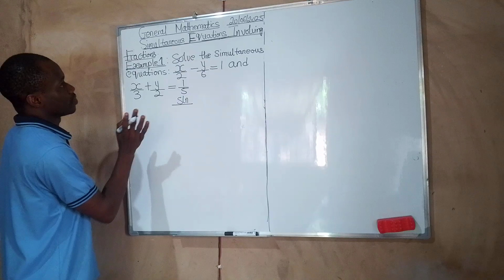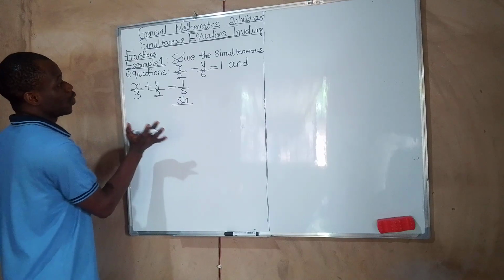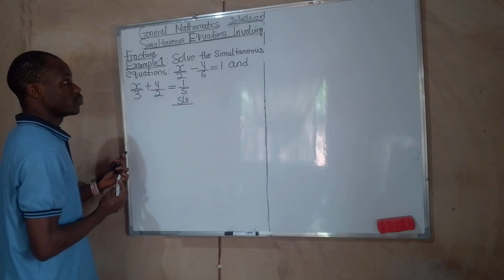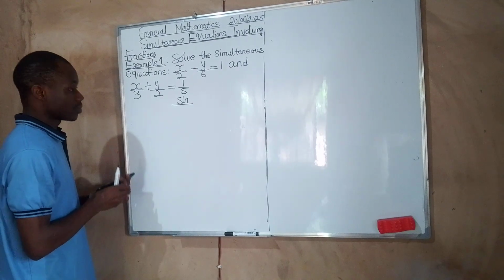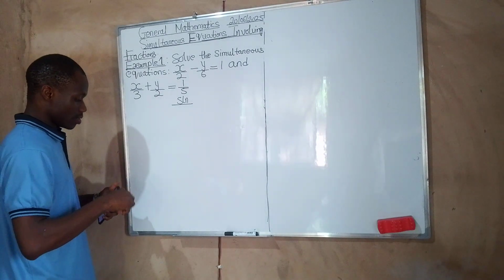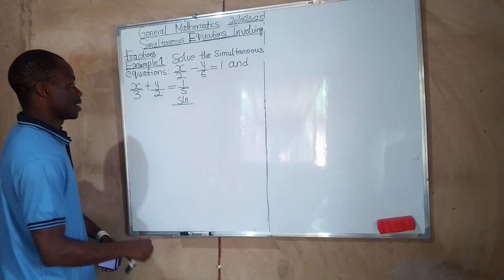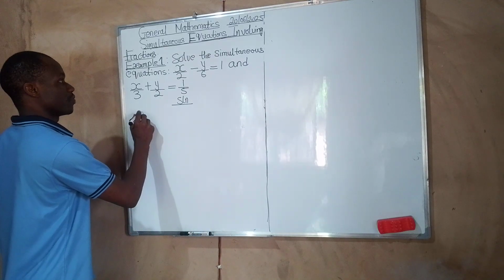This is a kind of simultaneous equation involving unknown what? Numerators, because in a fraction we have both denominators and numerators. Now we are going to write the question and identify the equations before solving.